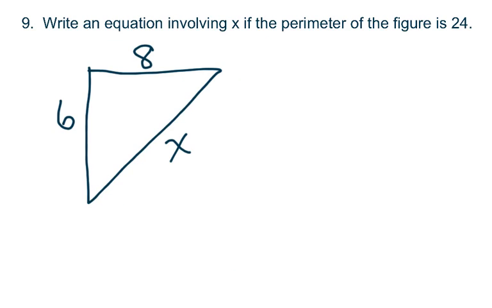The last two problems involve figures, which you will do a lot in geometry, so you need to know how to write an equation. Okay, so we're going to write an equation involving x. Here's your x here. If the perimeter of the figure is 24. We know the perimeter of something is the measurement of the outside.